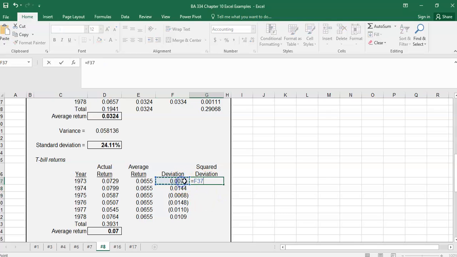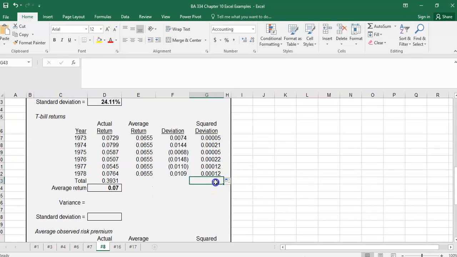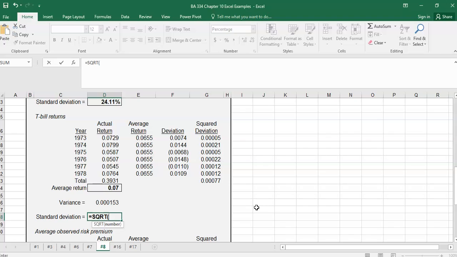And then we square the deviation and total. Our variance is that divided by 6 minus 1 because it's 6 years, so 5. And then we take the square root of that to get our standard deviation.